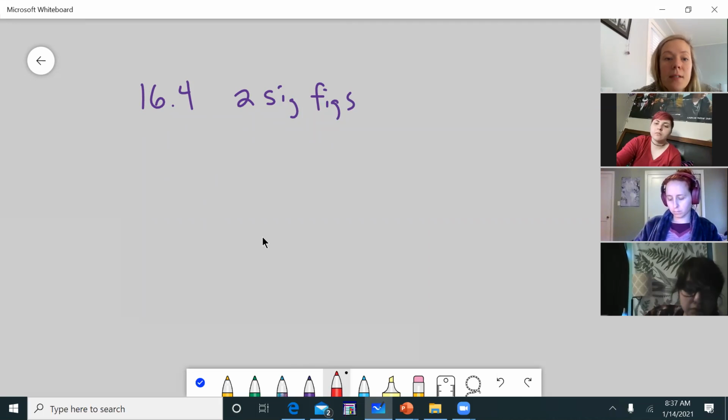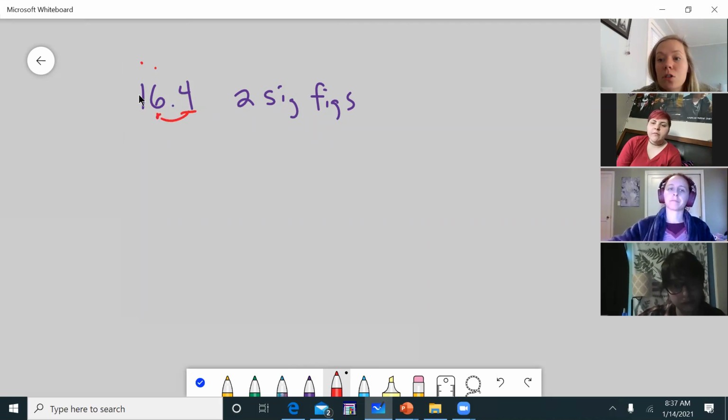Well, the way that I go about this, I start all the way over to the left. I'm going to keep the 1 and I'm going to keep the 6. That's going to give me the 2 sig figs. So I have to drop everything else. So I look at the 4. The 4 is going to tell the 6 to stay. So to round this to 2 sig figs would be 16.